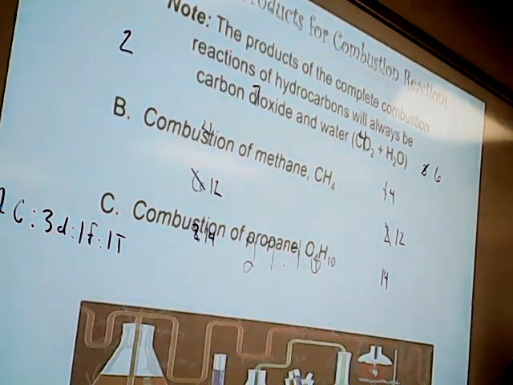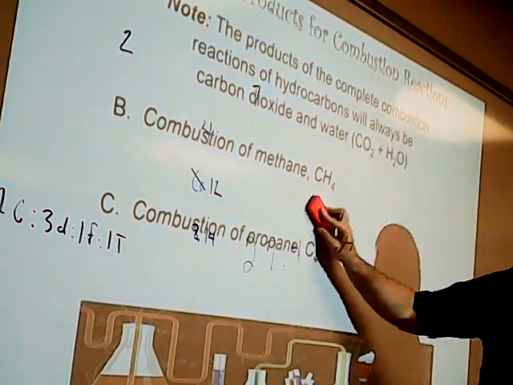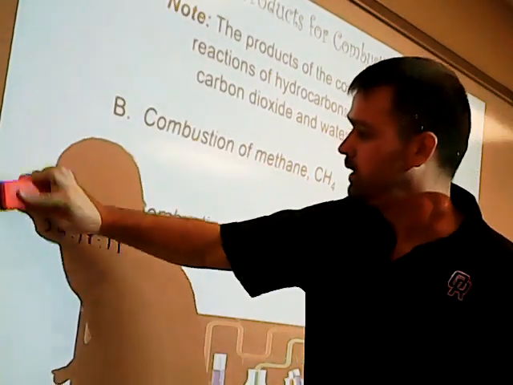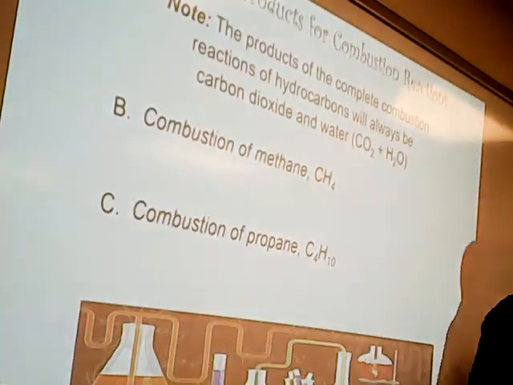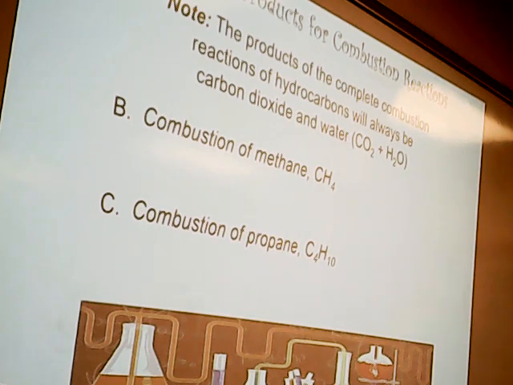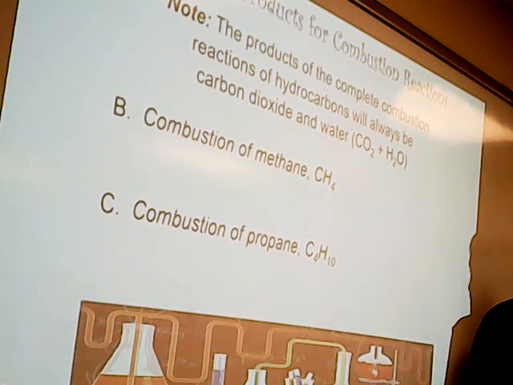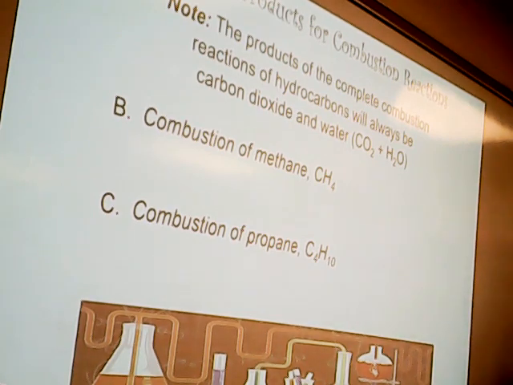Now, what you will see more likely on your test, once again, is word problems. Oh no. And it can be very simple, not even combustion of propane. I could say, I go out and light my propane grill. What's the chemical formula for it? What's the key word in there?